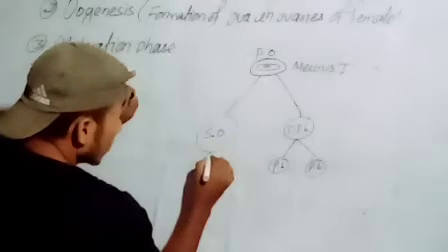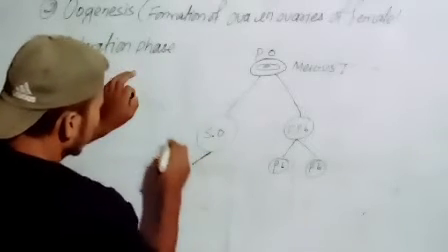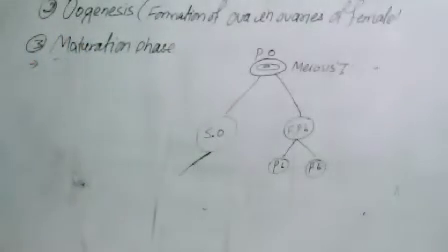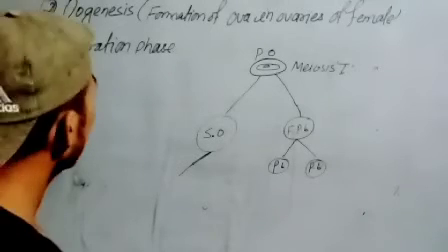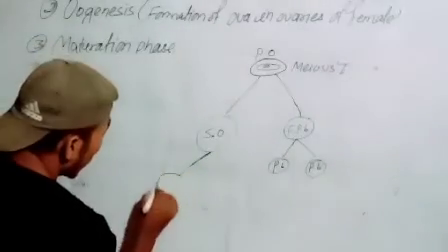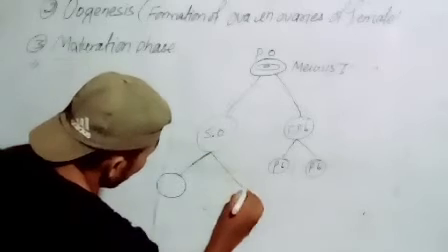This secondary oocyte also divides by the process of meiosis second, and there is unequal division of cytoplasm, resulting in the formation of a large ovum and a small polar body. Similarly, this secondary oocyte divides into two, this one larger and this one smaller.